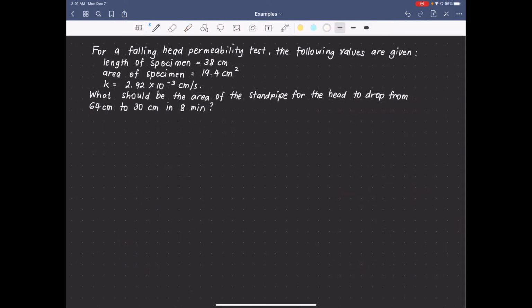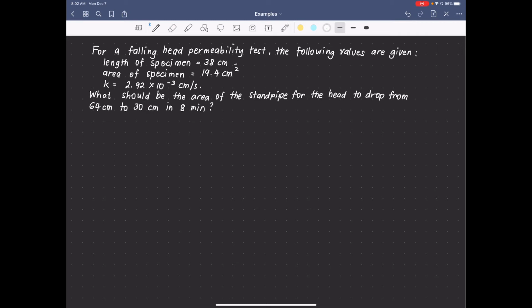Now let's have another example, this time considering a falling head permeability test. So again, a falling head permeability test is applicable for fine materials, or for silt and clay soil. So in this example, the following values are given. The length of the specimen is equivalent to 38 centimeters.